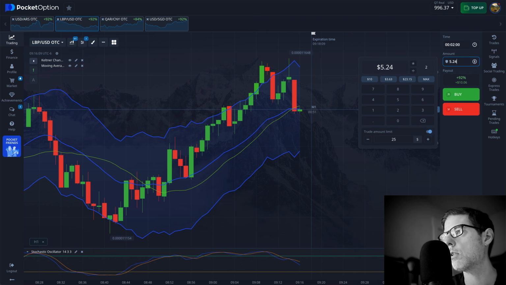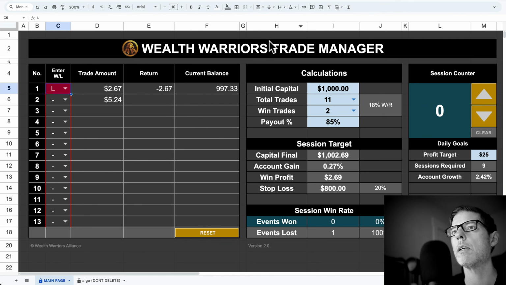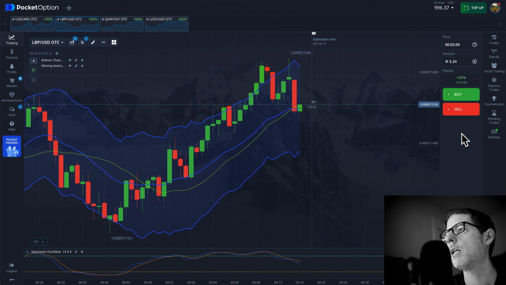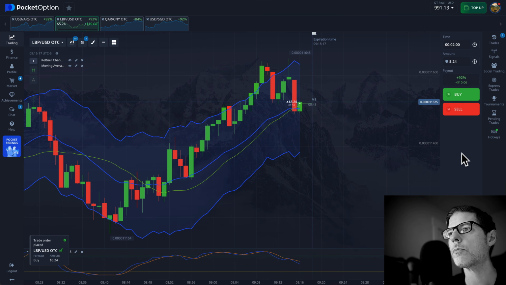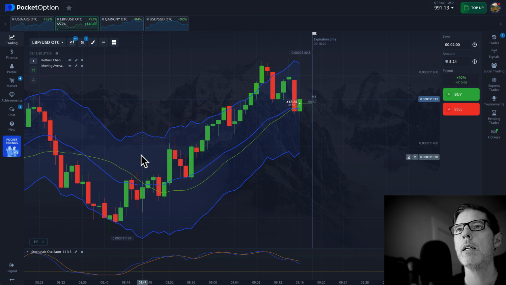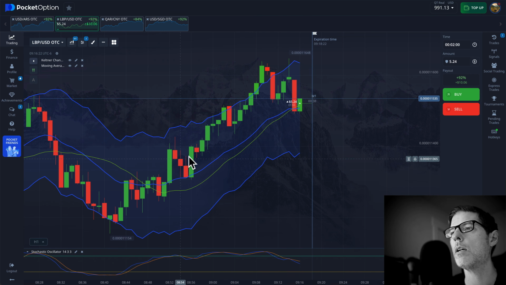So we've marked this as a loss over here, and it's given us the next trade amount, which is 524. Let's go ahead and buy. I've entered on this LBP USD. I have no idea what that currency is, but that's okay.